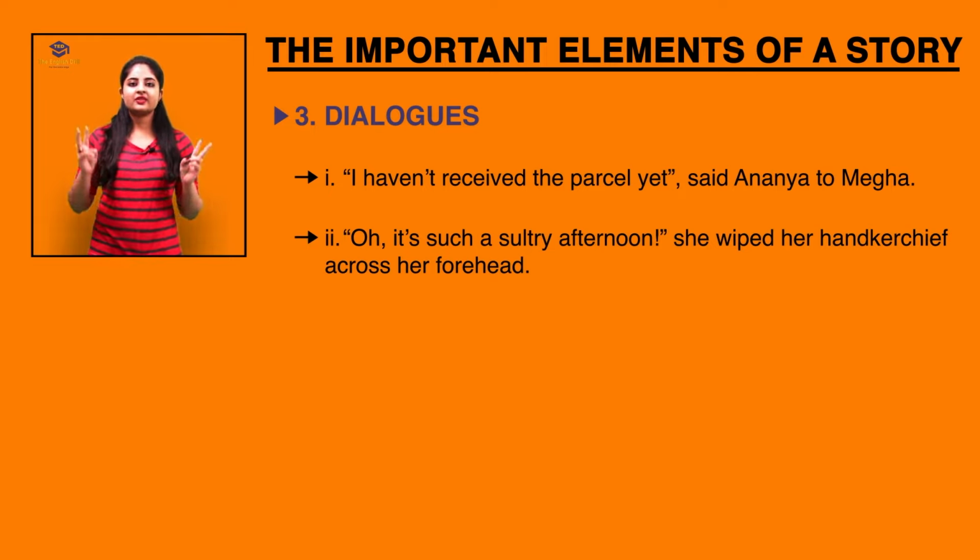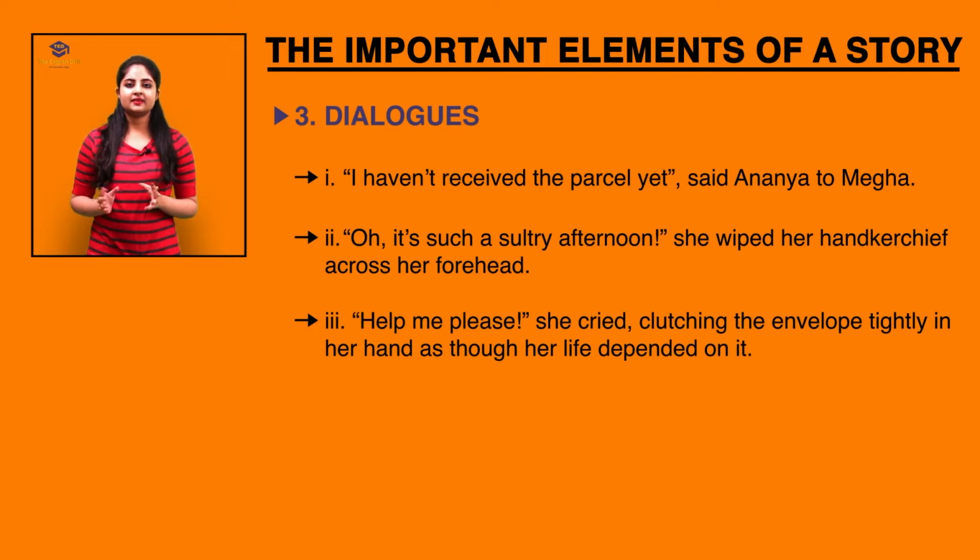She wiped her handkerchief across her forehead. Number three, once again within inverted commas, "Help me, please!" She cried, clutching the envelope tightly in her hand as though her life depended on it.